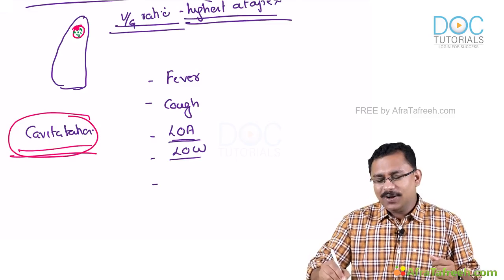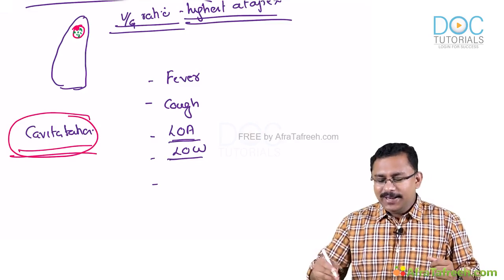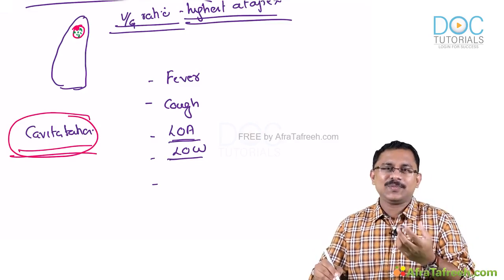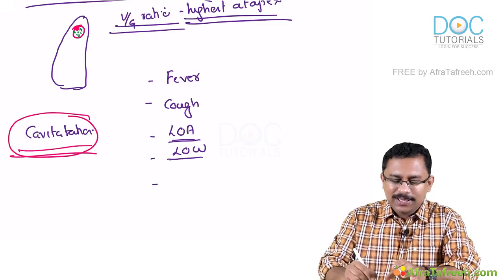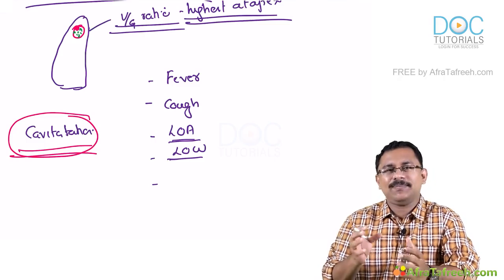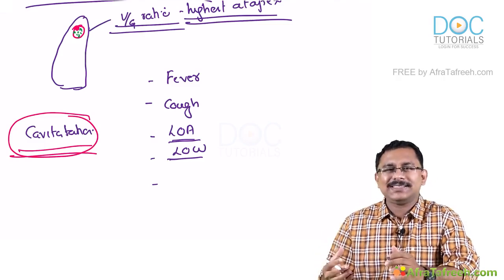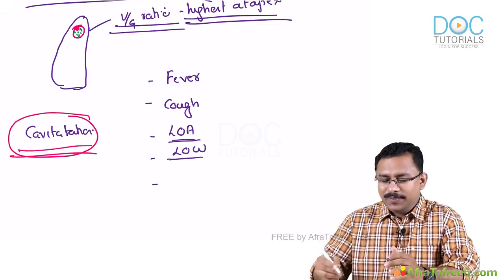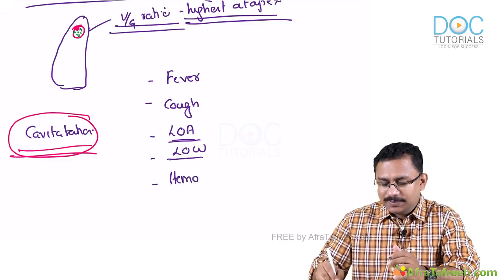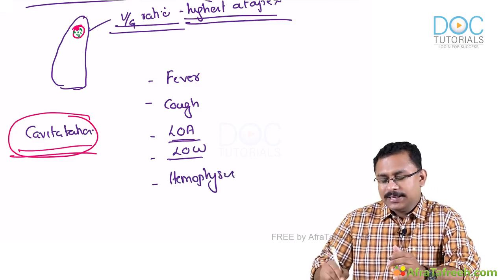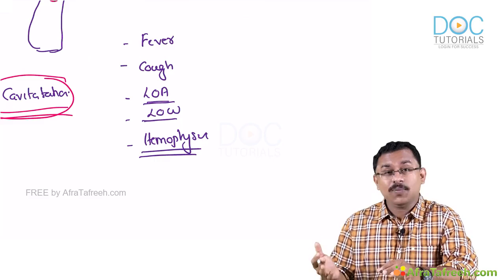So you will have a loss of weight as well as loss of appetite, and subsequently if this cavity erodes into some blood vessel, because adjacent to the cavity you might have some blood vessels, especially your bronchial vessels, you may have hemoptysis, and in some instances even massive hemoptysis.